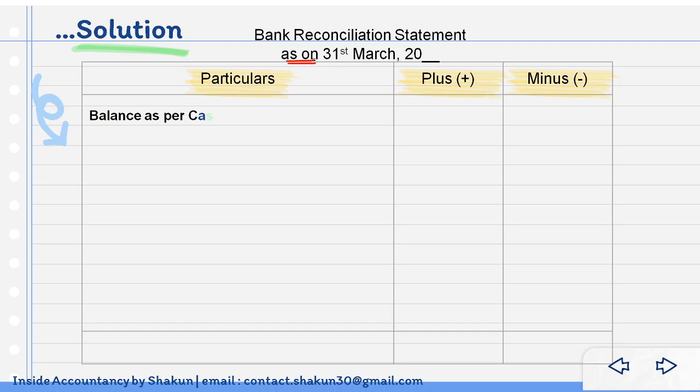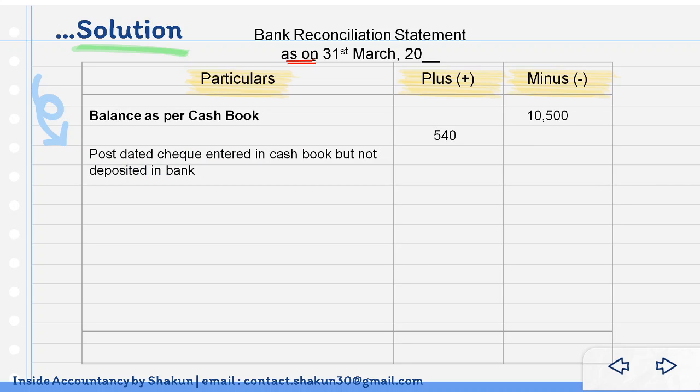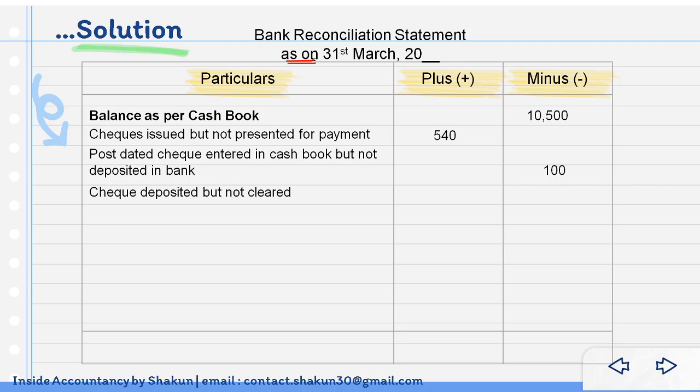So we were given the balance as per cash book. It was a negative balance, so we write it in the minus column. Then there were certain transactions given to us. We will write all the transactions and respectively write their amounts in the plus column or in the minus column. So I am writing all the transactions here as you can see.